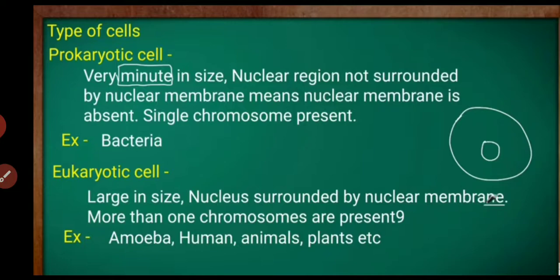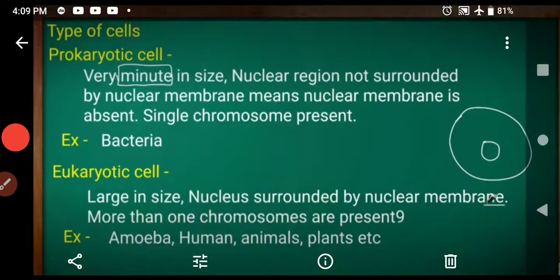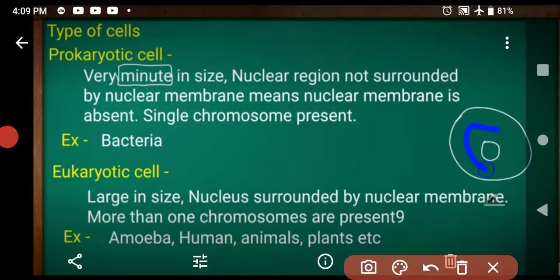See, in prokaryotic cell, nuclear region is not surrounded by nuclear membrane, and in eukaryotic cell, nuclear region is surrounded by nuclear membrane. In eukaryotic cell, it has well-defined nucleus.